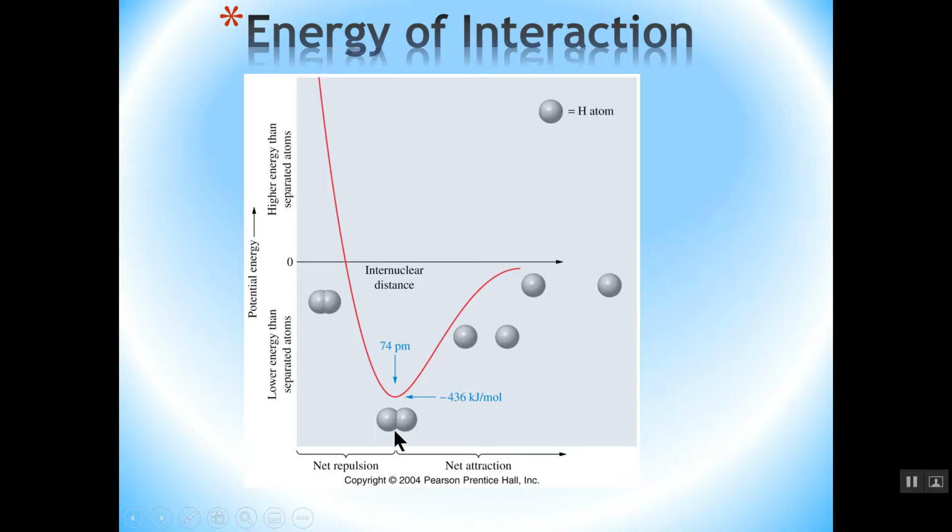We're going to talk about the valence electrons and their role in this later on. And basically, there will be some resistance to that pulling away. So that's why we have the potential energy increasing until you get to a point where the distance between the two atoms is so far that there's no more attractive force between the nuclei and the electrons of the other atom, and therefore basically the energy will just level off to zero, all right?